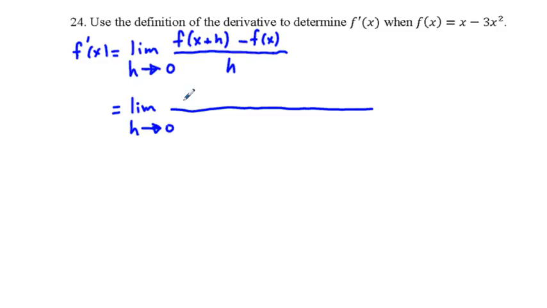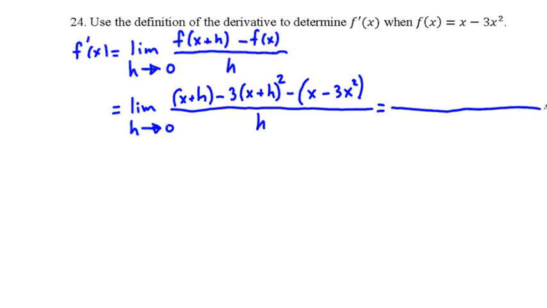Well, f of x is going to be x minus 3x squared, so I'm going to put x plus h in place of x. We're going to have x plus h minus 3 times x plus h squared. And we're going to subtract out f of x, and f of x is going to be x minus 3x squared, over h.